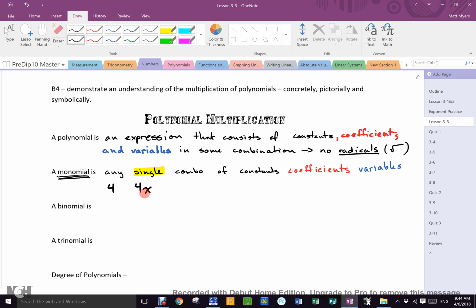Single thing. 4xy. Still? Yeah, because it's 4 times x, 4 times y. It's still one single thing. It's going to give you one value. 4xy squared. No, radicals are roots, dude. Is that a root? No. So is that one okay?